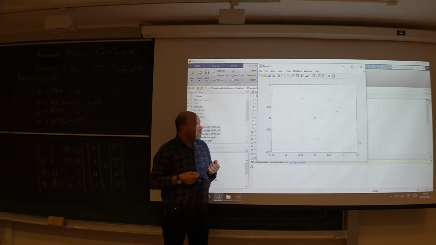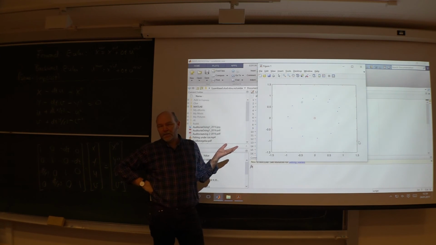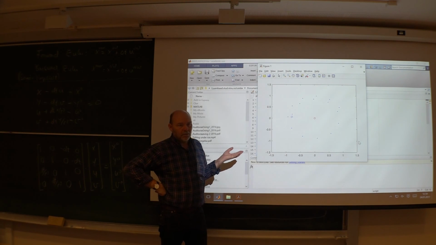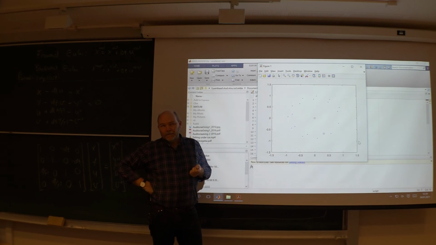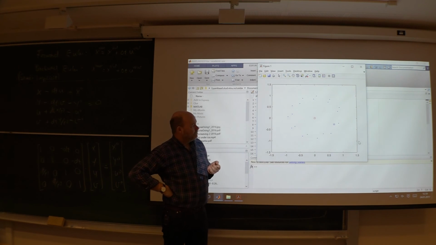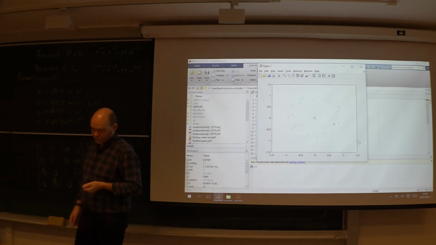So he's not too slow, but you see the performance is still just as poor as the semi-implicit. So it really didn't help. Still, it's a first order method. Not good. But at least now it's fully implicit.